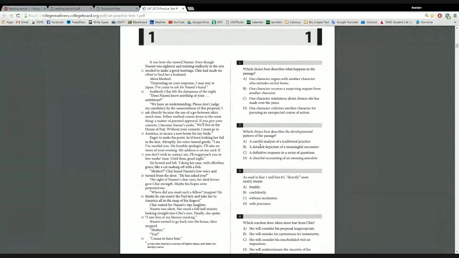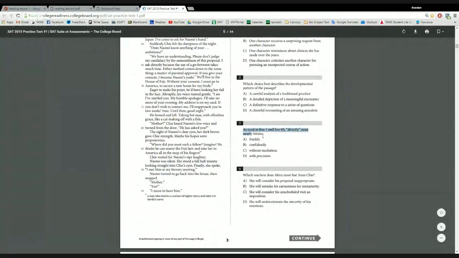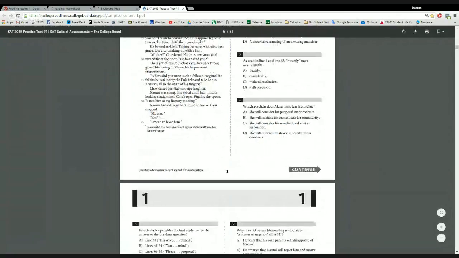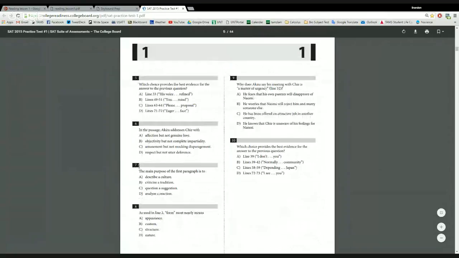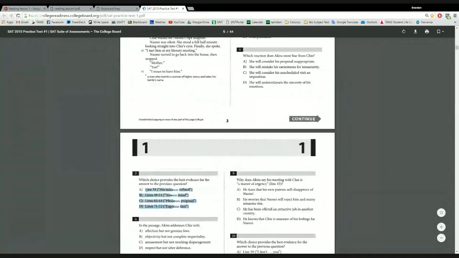Now we're going to look through here. Question 3, questions 7, 8, 9. Keep in mind the ones that have lines in the answer choice aren't really line-based just because they are evidence-based and they rely on the question before. So you want to find the evidence to each question here.